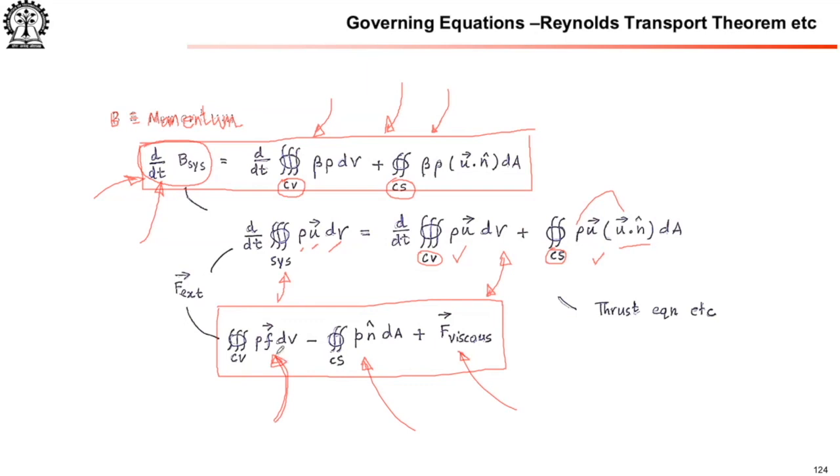Rho times dV gives you dm, and f is the body force, so body force multiplied by dm, integrated over the elemental mass throughout the control volume, gives the forces acting. On the right hand side you get the time rate of change of momentum of the system by using the control volume description.